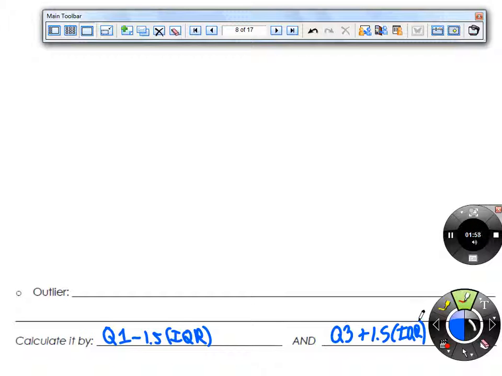Yeah. So remember that your box and whisker plot looks like this, right? So this is our box and whisker plot. This is our quartile 1 mark, and this is how big our interquartile range is.